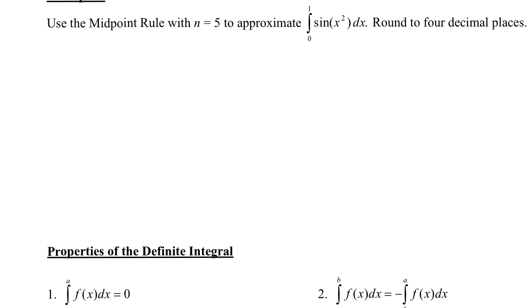So here's a way to do this. It's kind of an easy way to understand. There's kind of a lot of calculations, unfortunately, but we'll do this with the midpoint rule. So what we need to figure out is what is delta x going to be. So delta x is going to be b minus a over n.